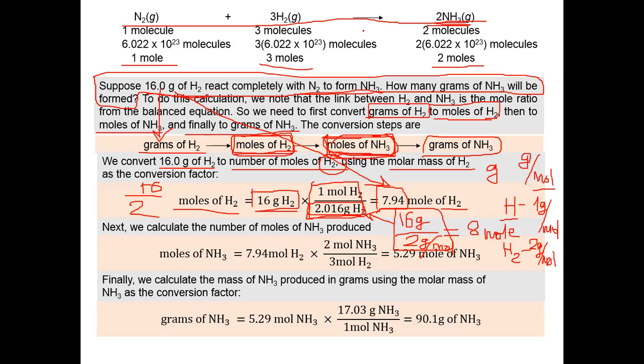So 3 moles of hydrogen produces 2 moles of NH3.